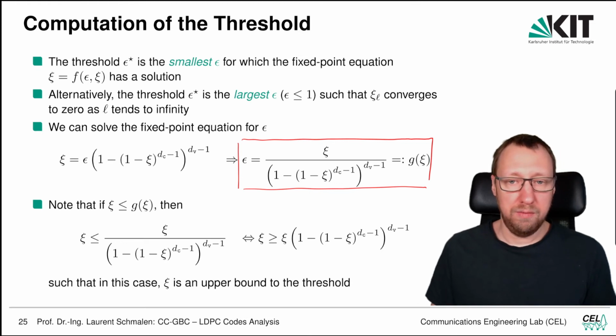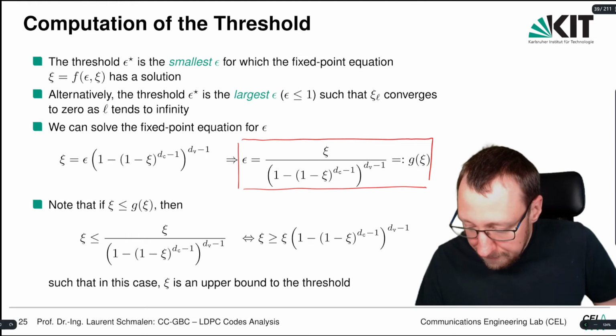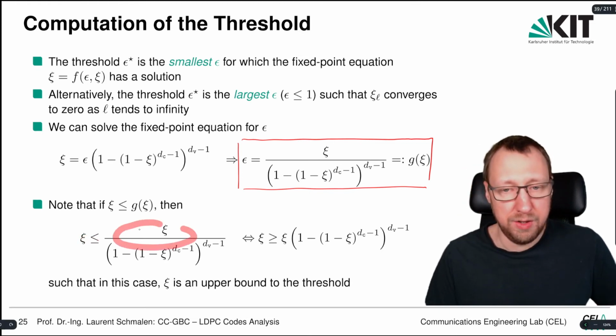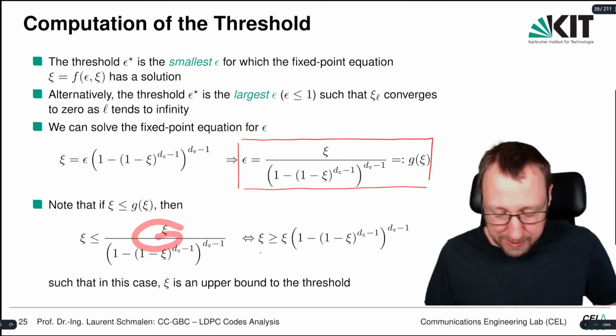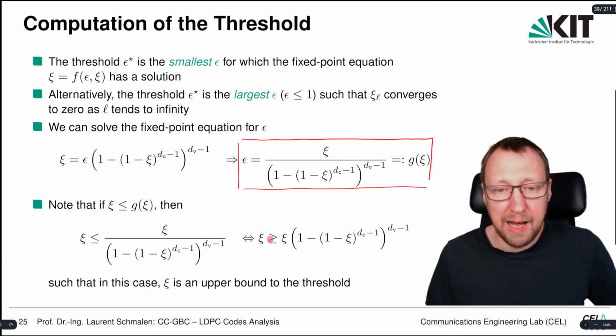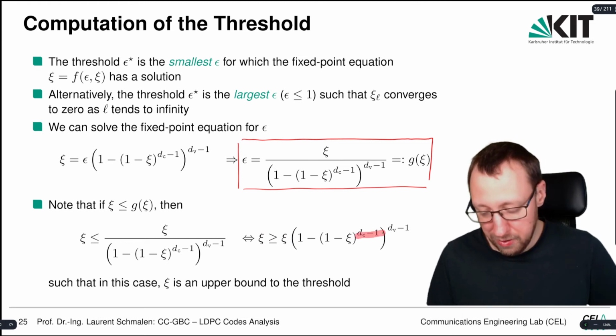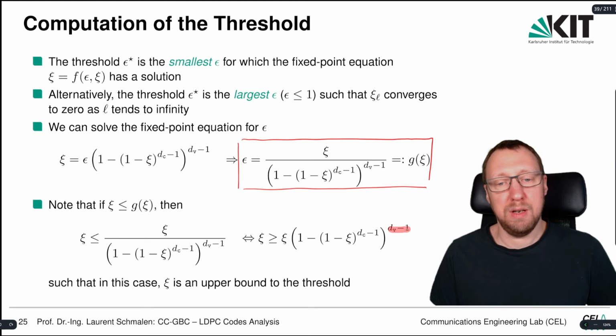This equation has a nice property, because if c is smaller or equal than g of xc, that means that c is larger or equal than c times 1 minus xc power dc minus 1 power dv minus 1.